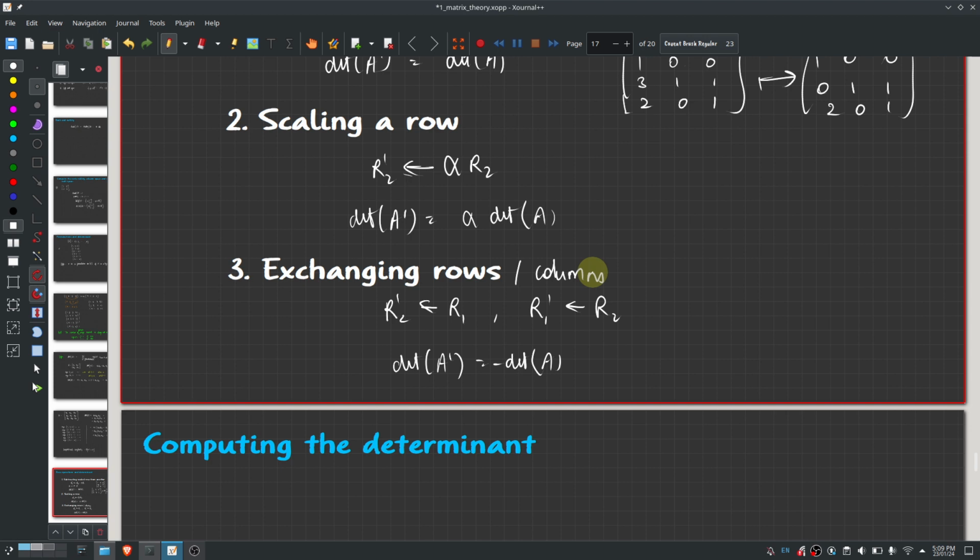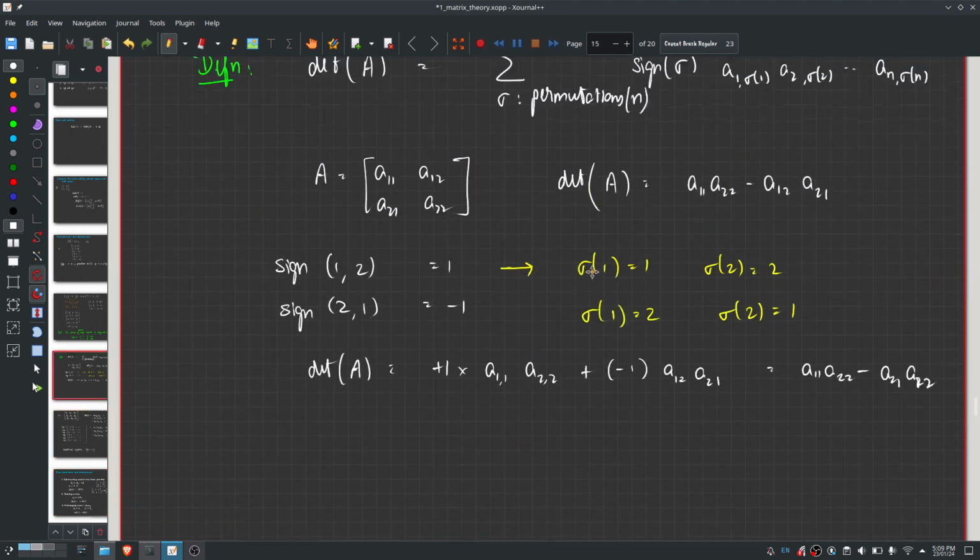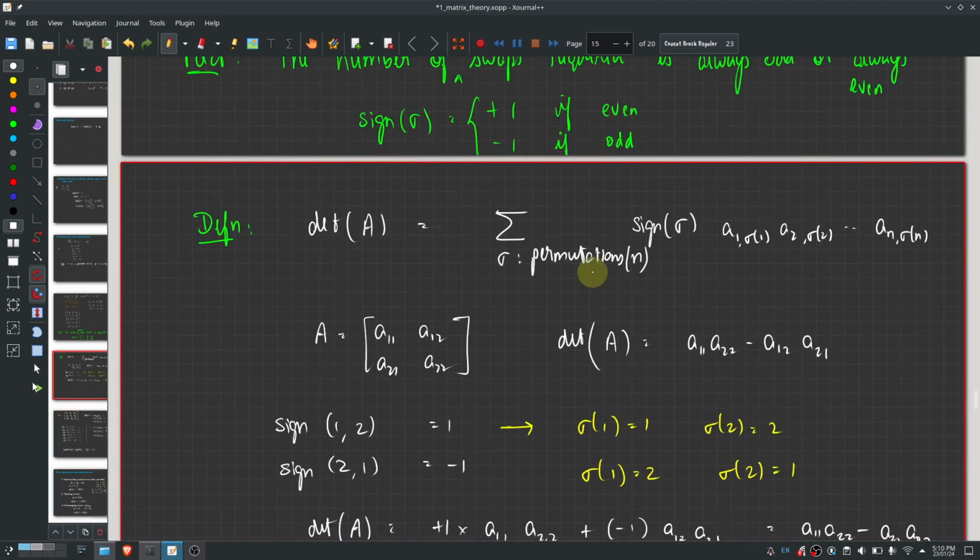And that's also easy to see using this particular definition, because exchanging two columns would basically correspond to a pairwise swap, right? And so a pairwise swap would mean that the determinant changes sign.